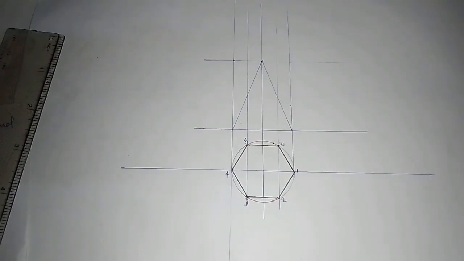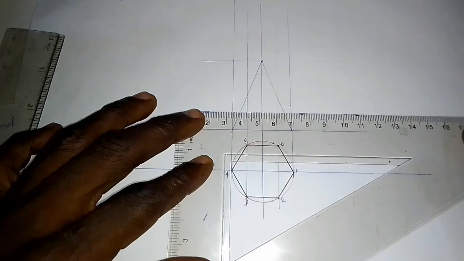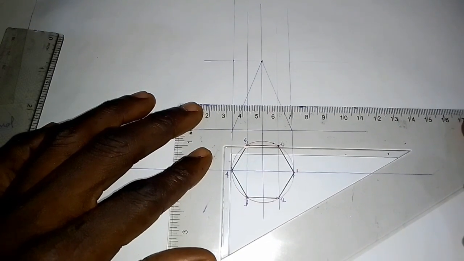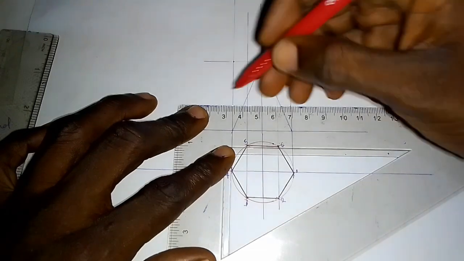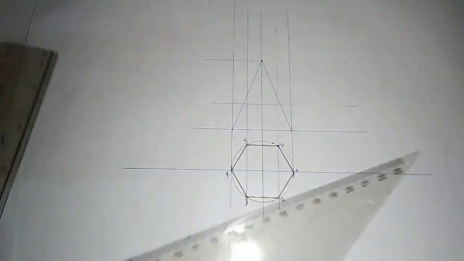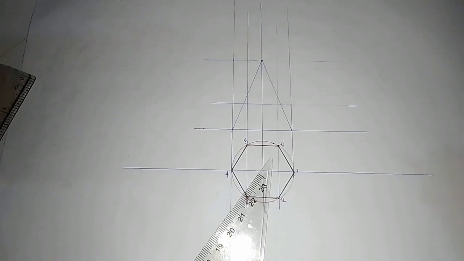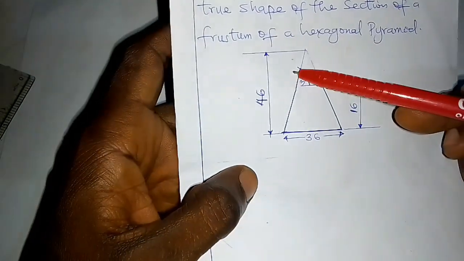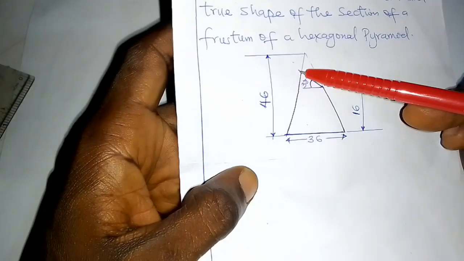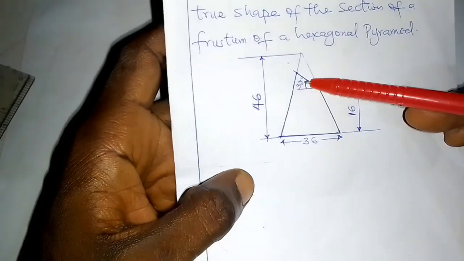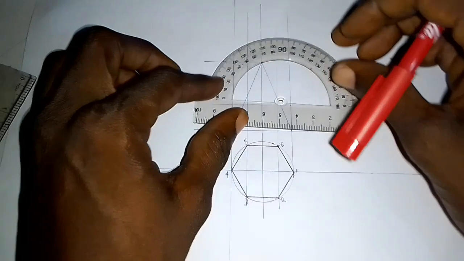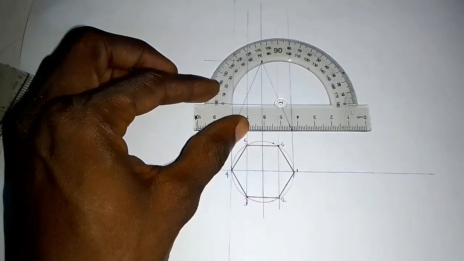So at that point, you have this drawn. For the other part, we are not actually given any particular height for this other part of the truncated side, but we are given the angle, and we are told the angle is 38. I'll bring in my protractor now so that we can measure the angle.